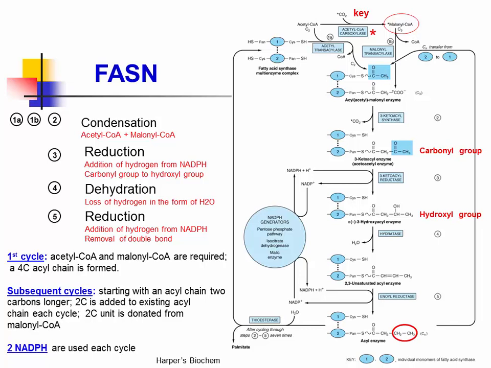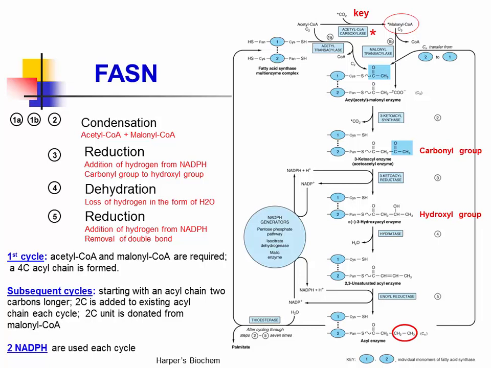And at the Pan end, the malonyl-CoA is then transferred to the Pan end of the fatty acid synthase complex. And the overall reaction you can see on the left side, right.